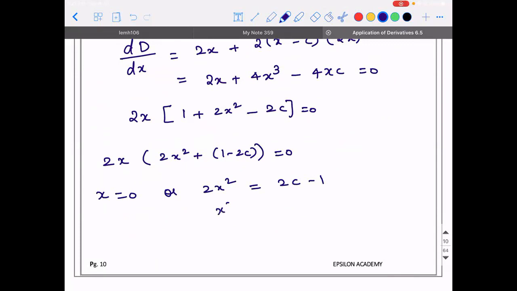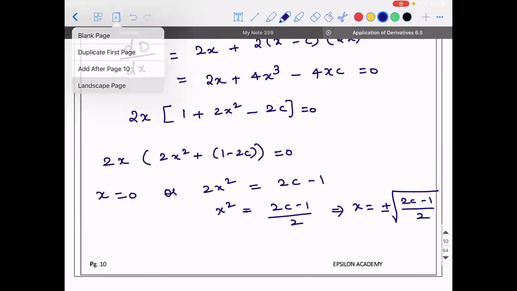Then what will be the value of x square? x square will be (2c minus 1) by 2, or x can be equal to plus or minus root of (2c minus 1) divided by 2. Guys, please make a note till this step. If there is any doubt, please let me know.